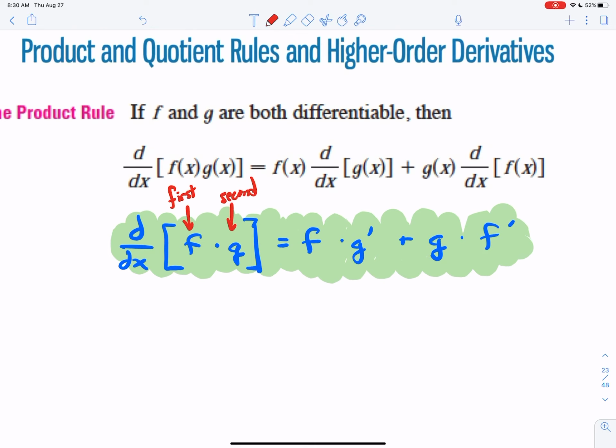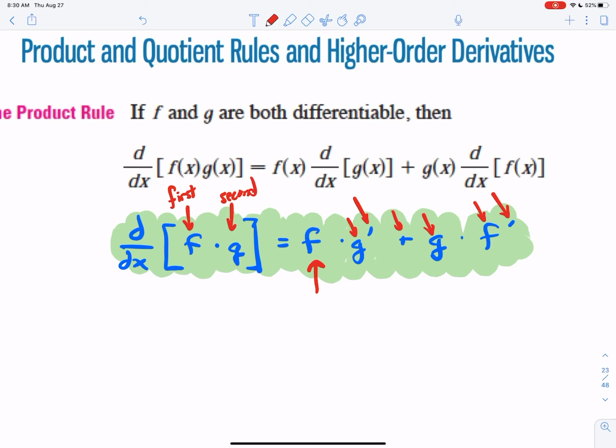So the way you read this is, the product rule is the first times the derivative of the second plus the second times the derivative of the first. Okay, it takes some getting used to, so I'll say it a couple times.